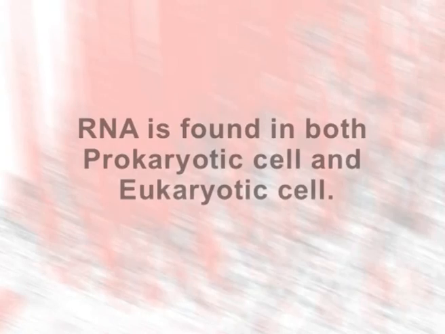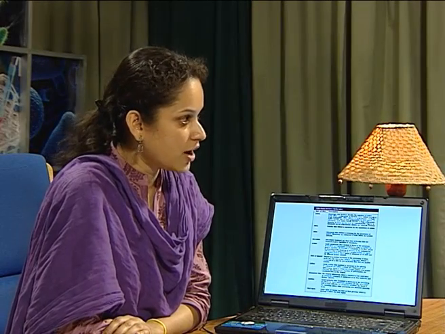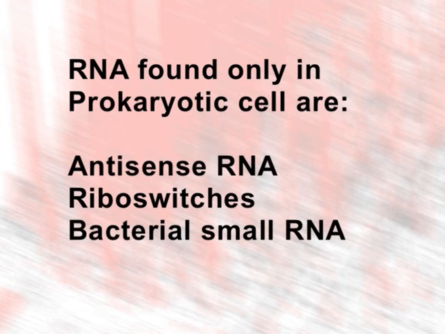The different types of RNA found inside a living cell, whether a prokaryotic cell or a eukaryotic cell, are of the following types. The RNAs common to both prokaryotic and eukaryotic cells are mRNA, rRNA and tRNA, while RNAs playing a regulatory role found exclusively in prokaryotes are antisense RNA, riboswitches and bacterial small RNA.